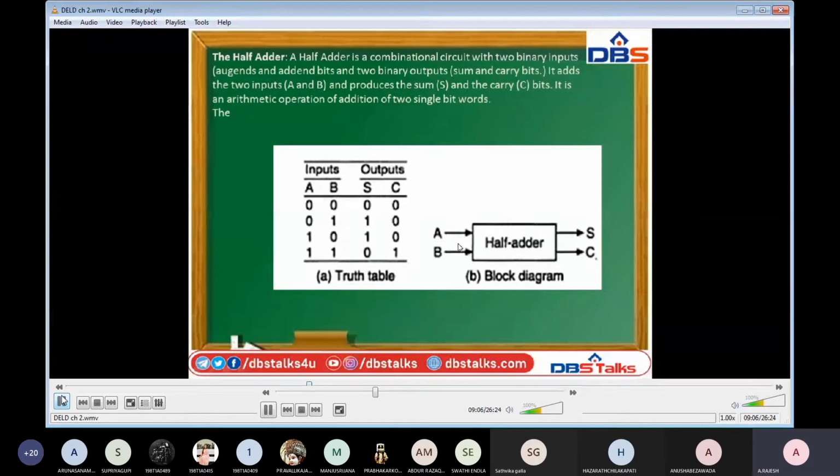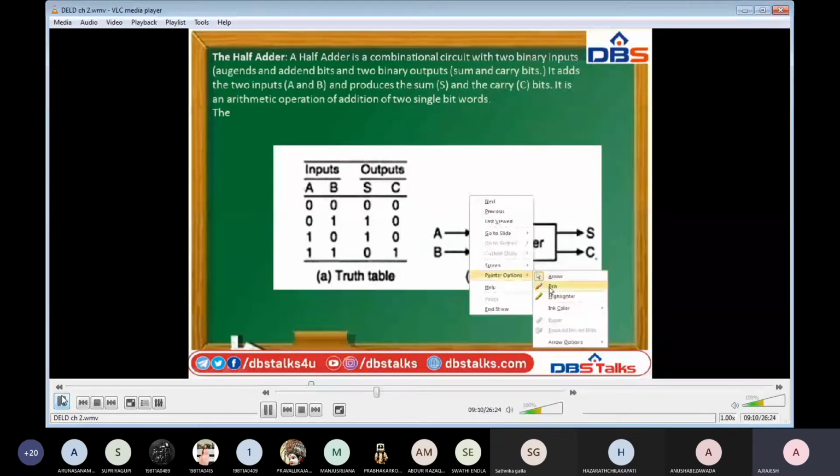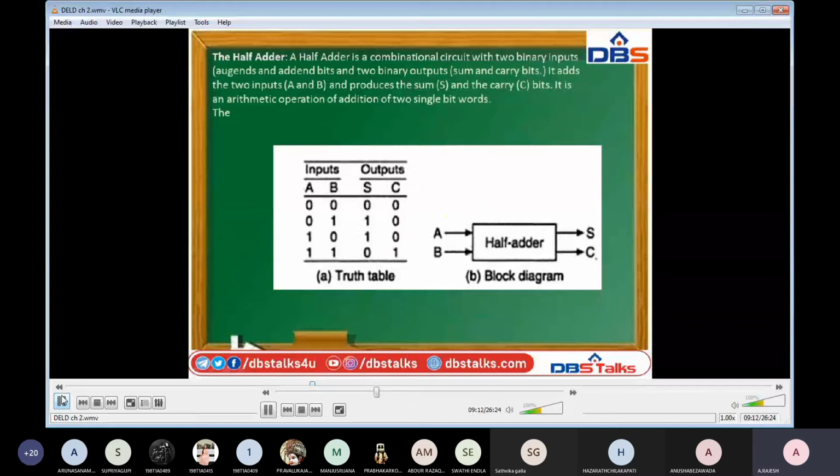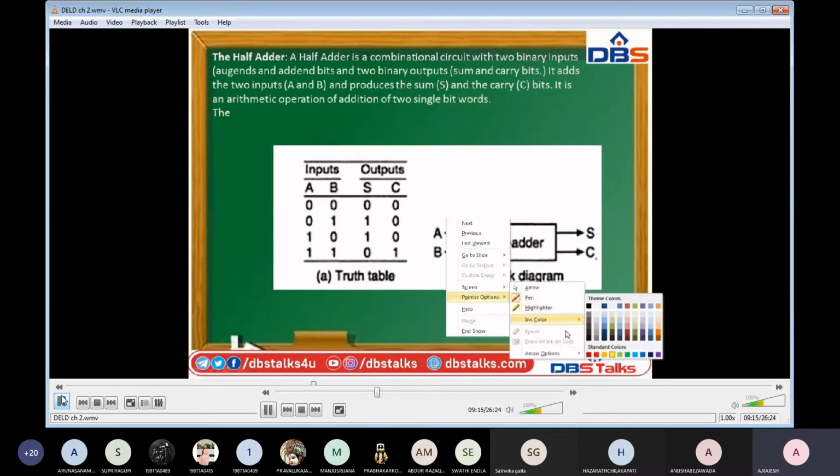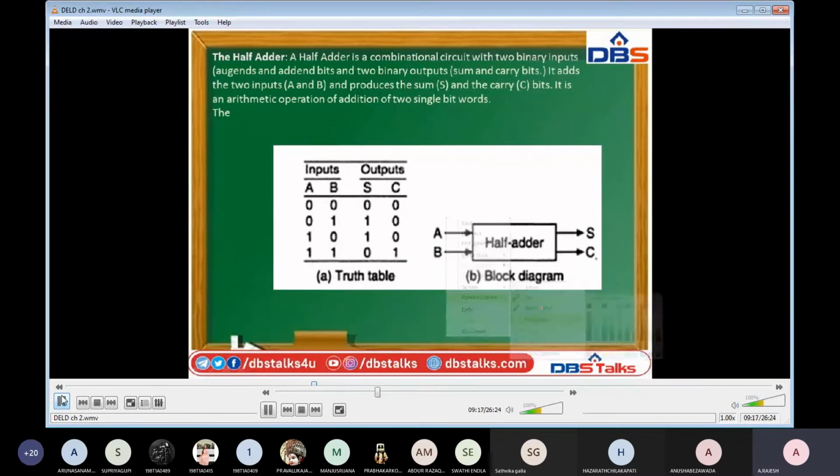See this circuit: we have taken A and B as inputs, which are given to a half adder, which is a combinational circuit, and it produces sum as one output and carry as another output. So A, B are the inputs and the outputs are sum and carry.